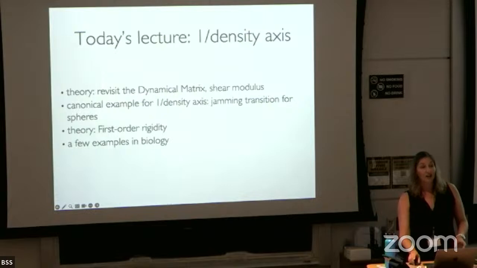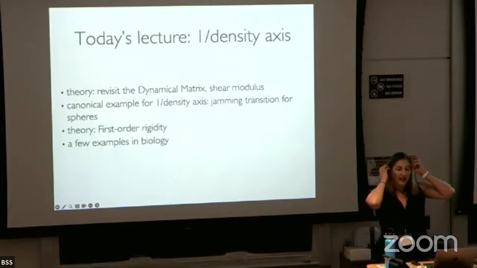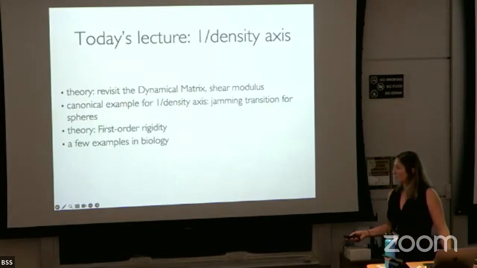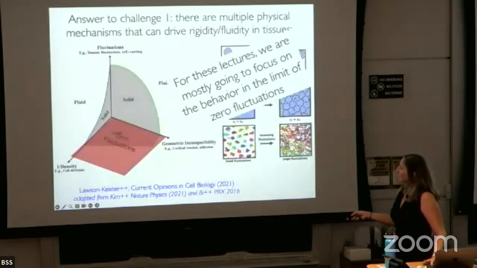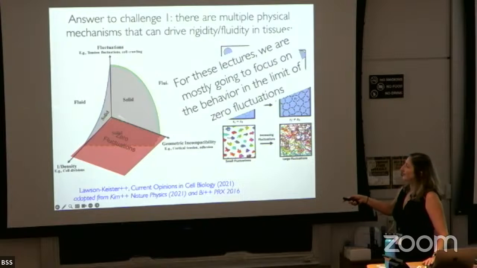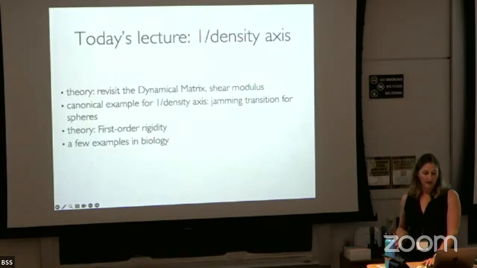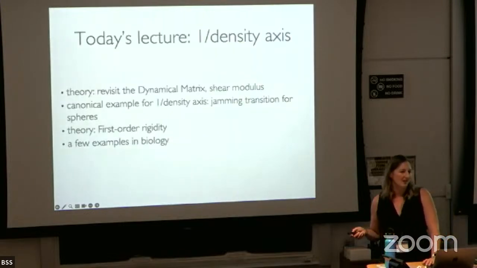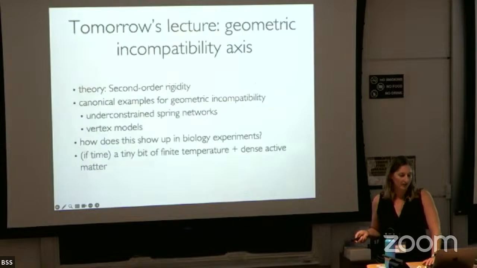Okay, so here's an outline, just so you all know where we're going. Today, I'm going to focus on this 1 over density axis, basically along here, and the math of it. Then in lecture set 2, on day 2, I'm going to focus on this other one. I'm also going to post these online so you have it for future posterity.